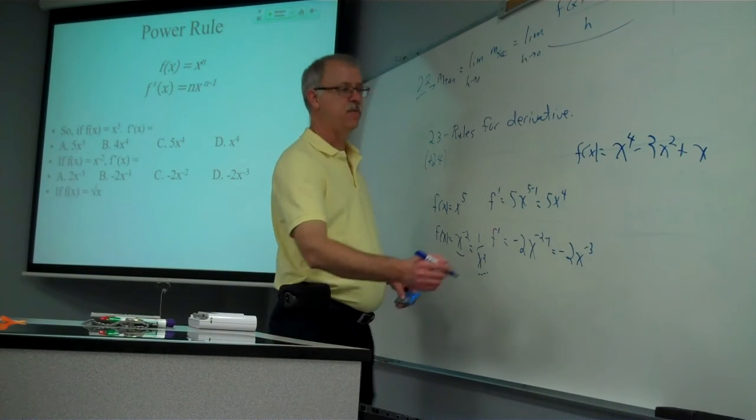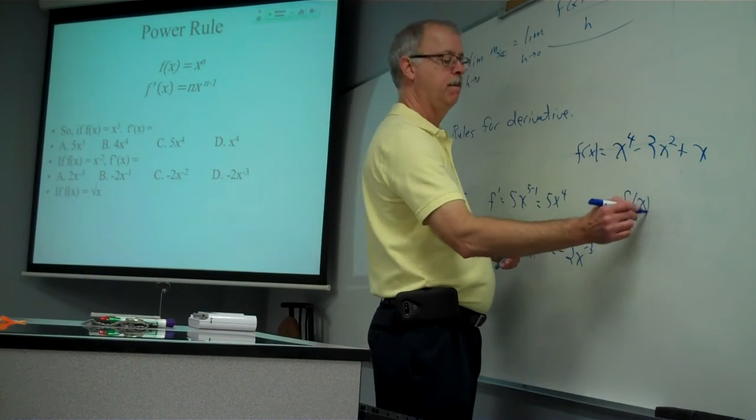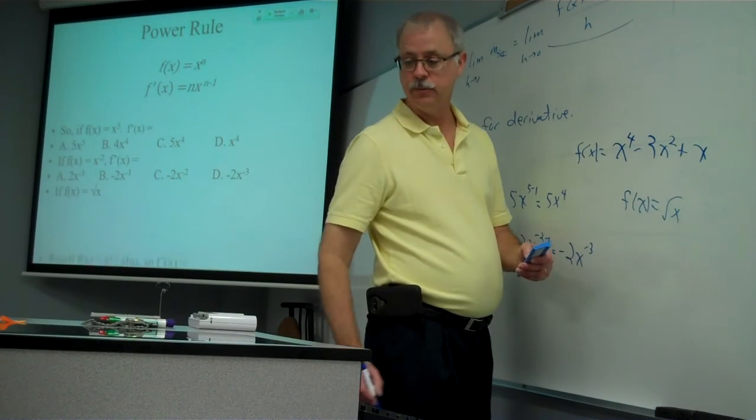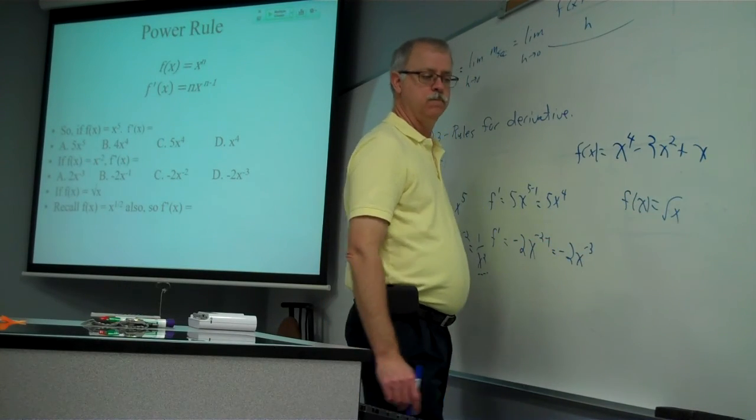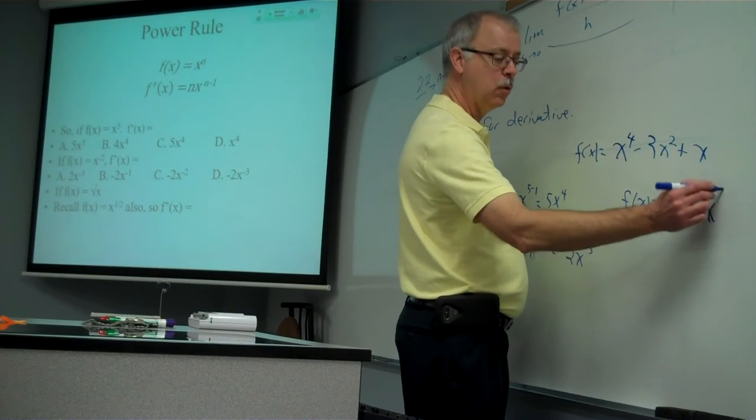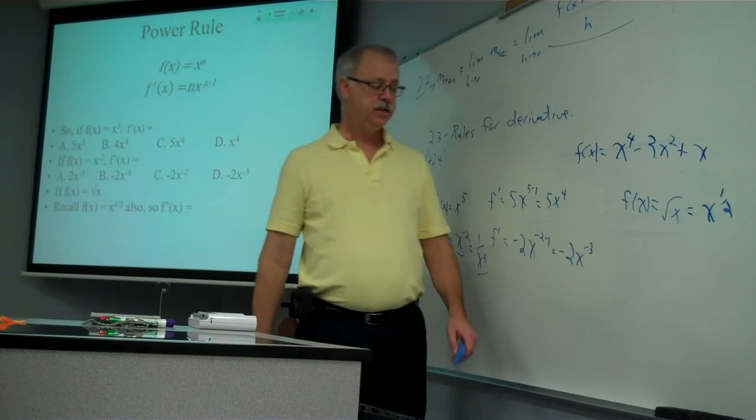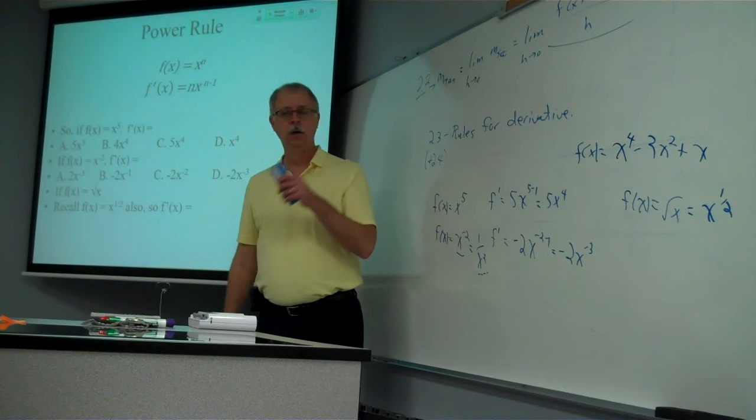What about this one? f of x is the square root of x. Remember, the square root of x is x to the 1/2 power. So it is a power function.